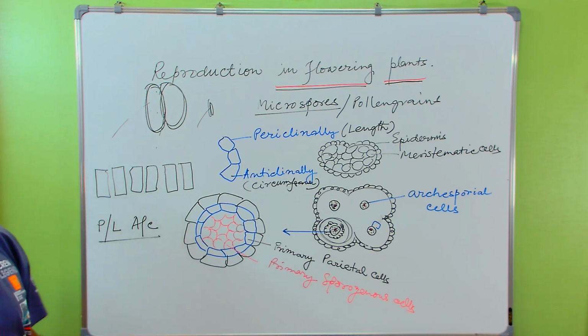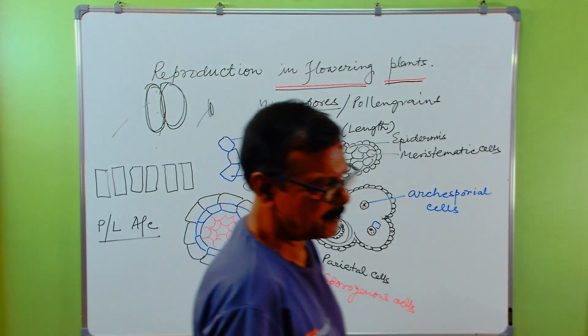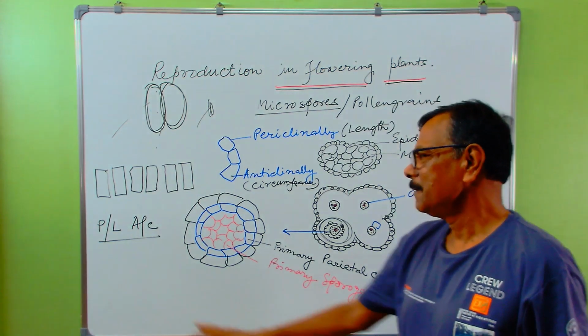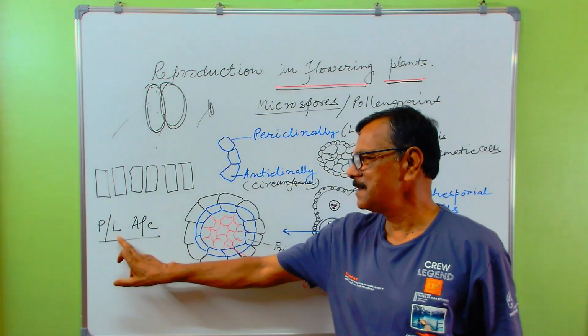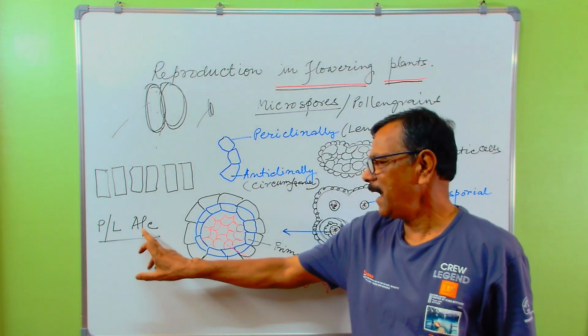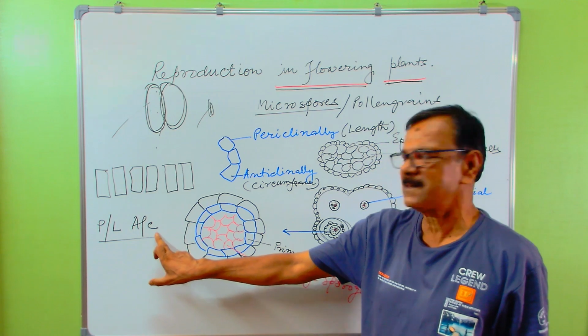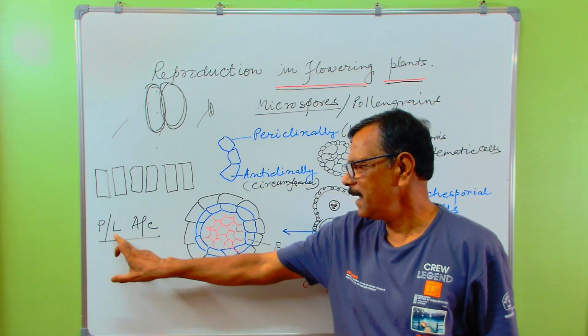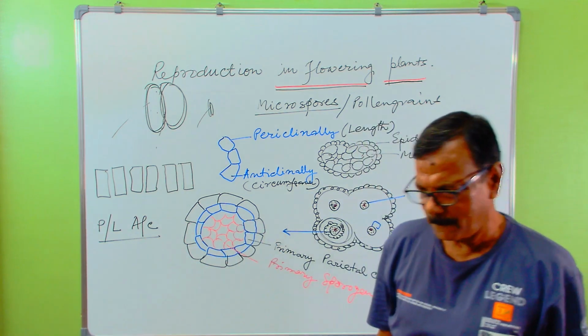Have you heard the name? PL account, profit and loss account. So periclinal will increase the length of the anther, and anticlinal will increase the circumference of the anther. If you remember PL account, you are through.